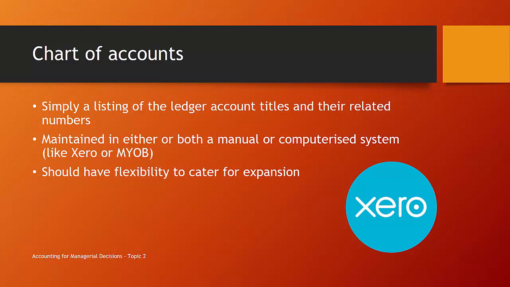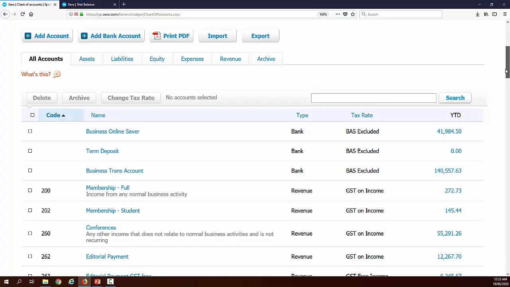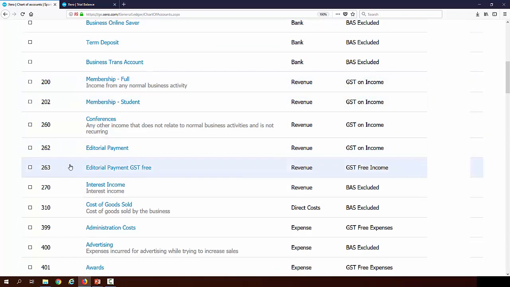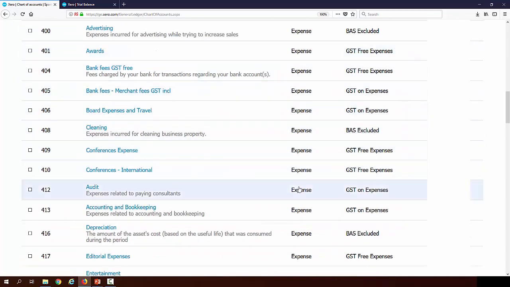And just to give you an example quickly. So what we have here is the chart of accounts for an organization, and this is in Xero. And what we can see as we scroll down, there's revenue accounts with 200 codes, expense accounts with 400 odd codes.